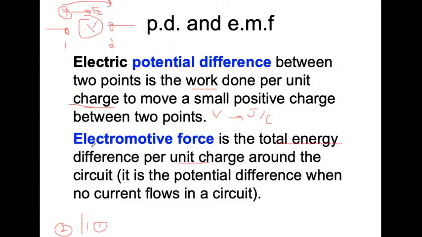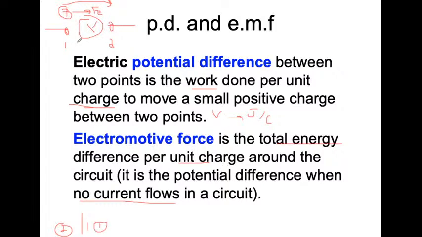The electromotive force is only dependent on our cells and the energy difference between the cells, and it doesn't require a current to flow, whereas a potential difference, right, that isn't as dependent on the cells, it's dependent on the current flowing between 2 points, right?